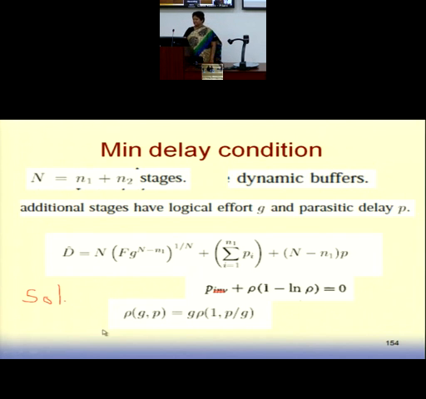He is expressing the best stage effort for any G and any P as G times rho of the gate for which G is 1, and the parasitic is P by G. It helps in making comparisons with the standard static CMOS, which has a G equal to 1.